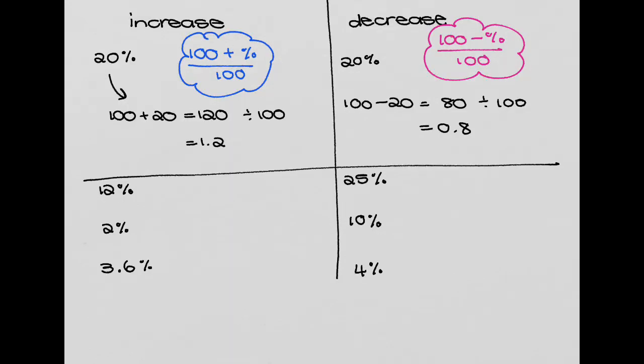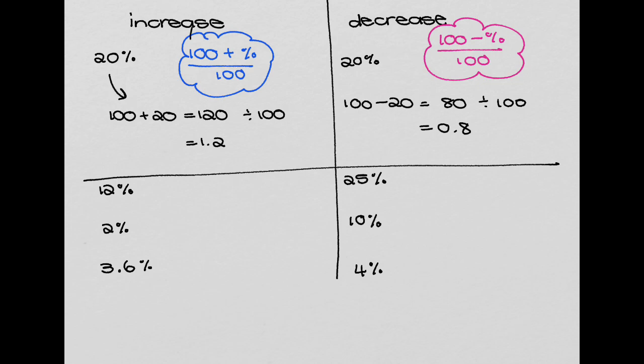Now, before we continue with this lesson, I would suggest that you first practice finding multipliers. So find me an increase of 12%, 2%, 3.6% as a multiplier, and then find me the 25%, 10%, 4% decrease as a multiplier.